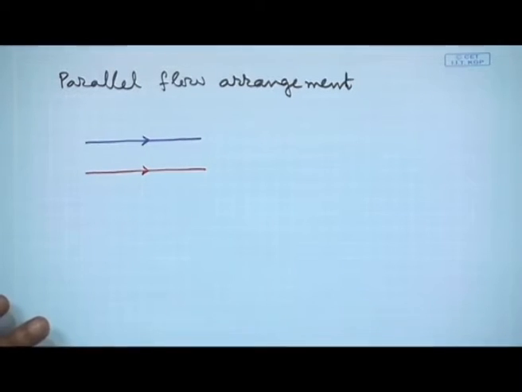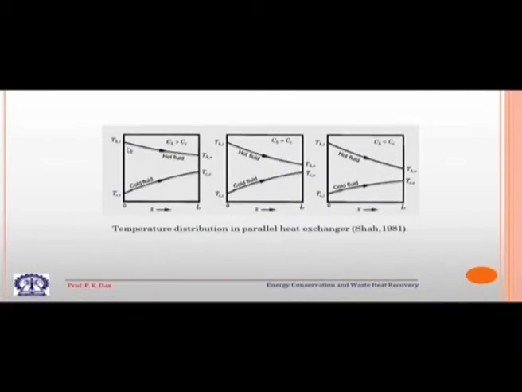If we go back to the PPT, we will find that here both the hot fluid and cold fluid enter. This is one end of the heat exchanger and this is the other end. Here both the hot fluid and cold fluid come out, but the cold fluid's temperature has increased, whereas the hot fluid temperature has decreased. So, to start with, we will have a very large temperature difference between the hot stream and the cold stream.